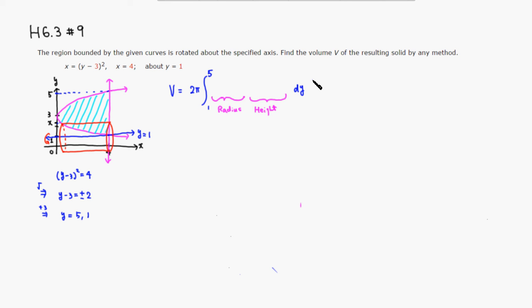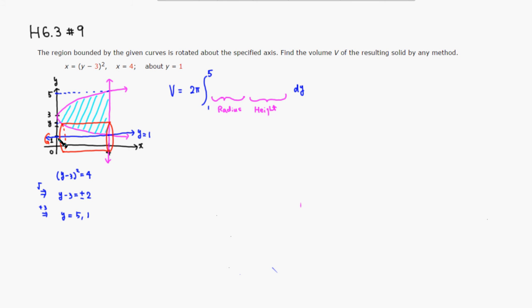All right, so let's figure it out. The radius is going to be, whatever y value, and the axis is at y equals 1. Sorry, I keep on saying x. I messed that up. I meant y, because it's on the y-axis. So the distance between y and 1 would be the radius.